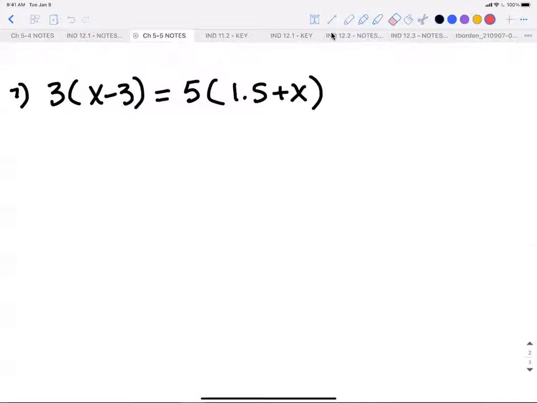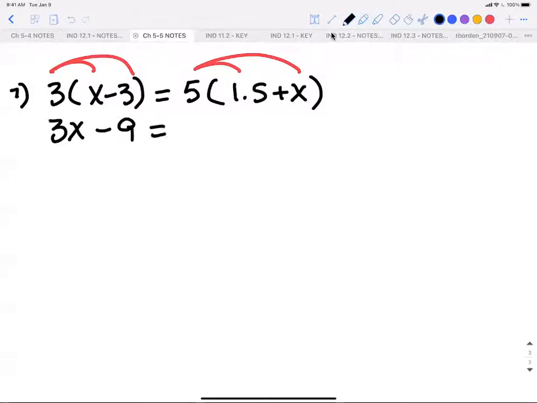First step is distribute. We have some parentheses over here that we need to distribute. And completely separate, like it's a whole separate problem right at this point, we have some parentheses over here we need to distribute. So working just on the left at first, 3 times x is 3x, and 3 times -3 is -9.